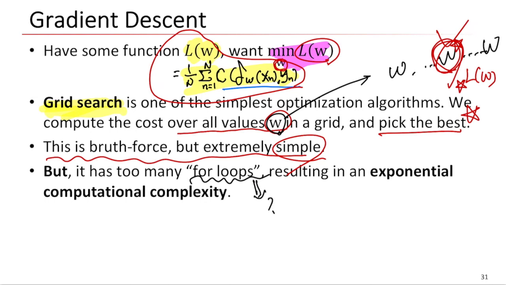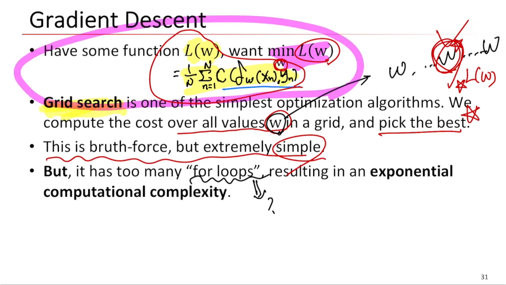Because most of you are from the computer science field, you can implement some code for your project. And if you want to implement this part using grid search, you need a for loop, something like this.